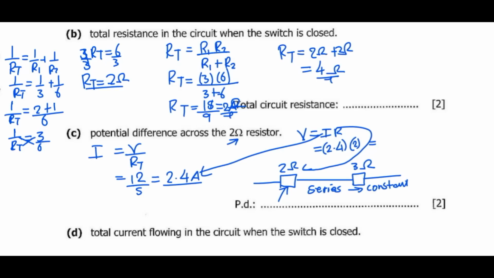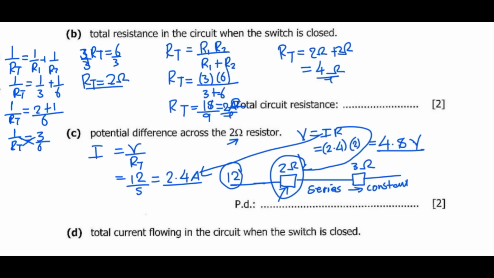So we have 2.4 times 2, we have 4.8. So 4.8 volts was the one consumed, because we know that the total voltage is what? 12. So from that 12, 4.8 is used by this. So that's a pattern.